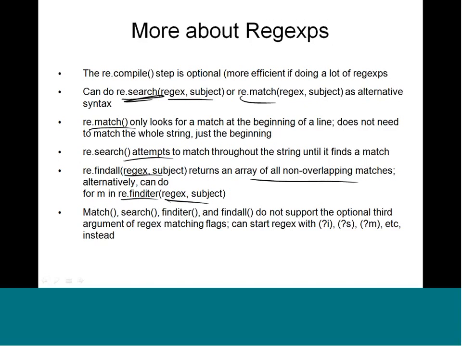Alternatively, we can do a find filter with the regex object and the subject. The other thing to note is that match, search, find iteration, and findall do not support an optional third argument for regex matching flags.